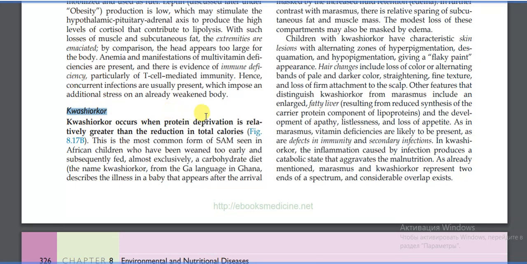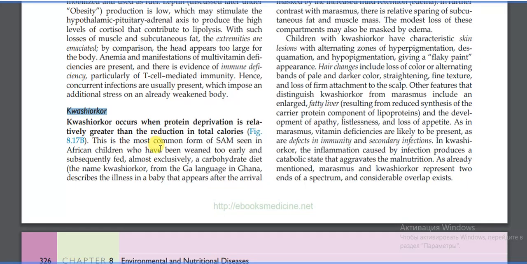Kwashiorkor occurs when protein deprivation happens. Calorie intake might be decreased or might even be normal, but you know that during the diet they need to take in not only carbohydrates. Carbohydrates are usually the cheapest nutrients, and a lot of children are suffering because they are given enough carbohydrates, but not enough protein intake to the body.